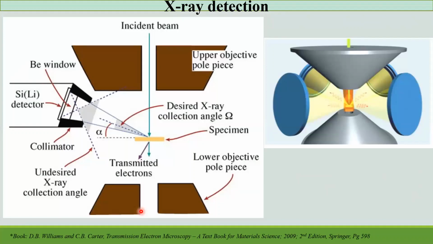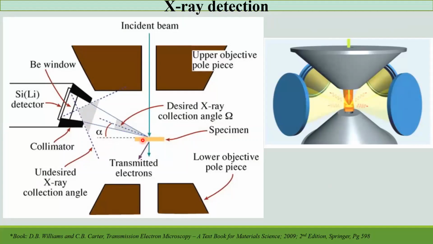This is a TEM EDS detector with a silicon lithium detector, a beryllium window here, and a collimator. Here is the sample, so it's placed here. Sometimes that's why we need to tilt the TEM sample, at least up to 15 degrees tilt, which is recommended in all TEMs, to get closer to the takeoff angle towards the EDS detector.